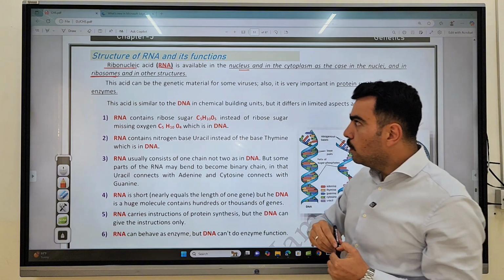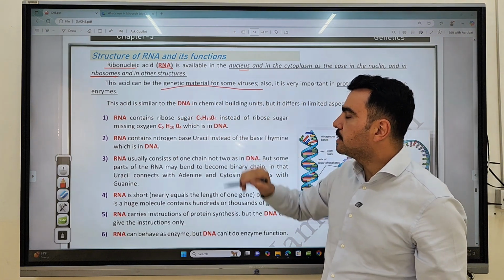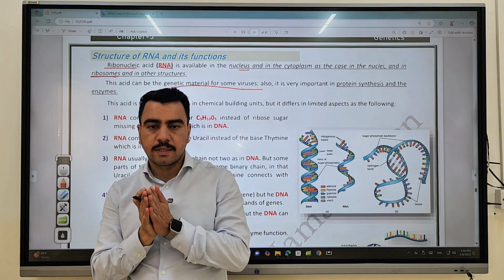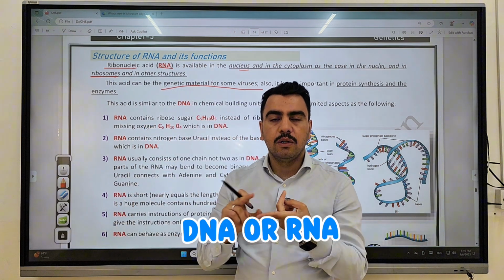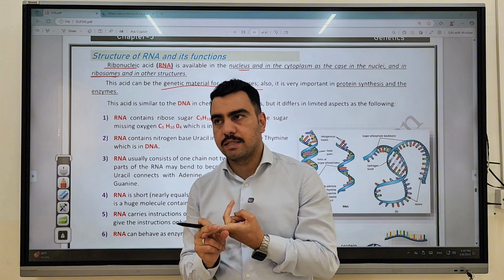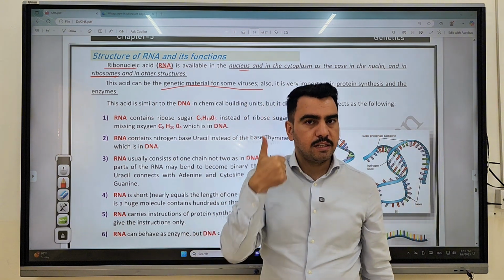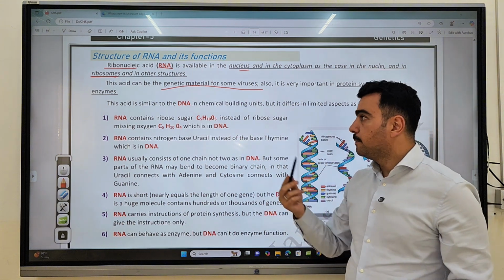It can also be the genetic material of some viruses. Why? Because inside a virus we don't have both types; rather we have DNA or RNA. It's not like humans or animals. So we have some viruses where the genetic material is only DNA, and others where it's only RNA.